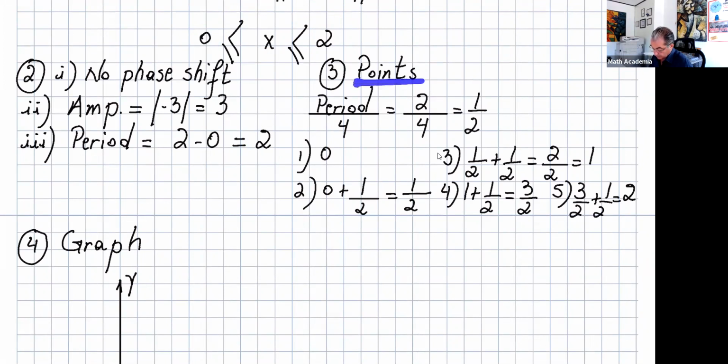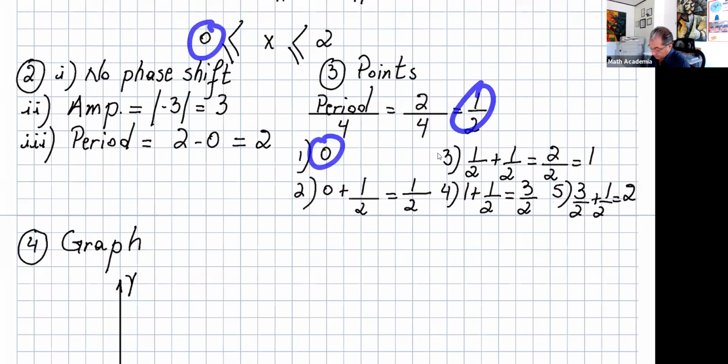Step number 3, we're going to do the points. To do the points for all the functions, take the period and divide it by 4, because all those trigonometric functions have 4 major points in their period. So 2 divided by 4 is 1/2. Starting point again is 0.